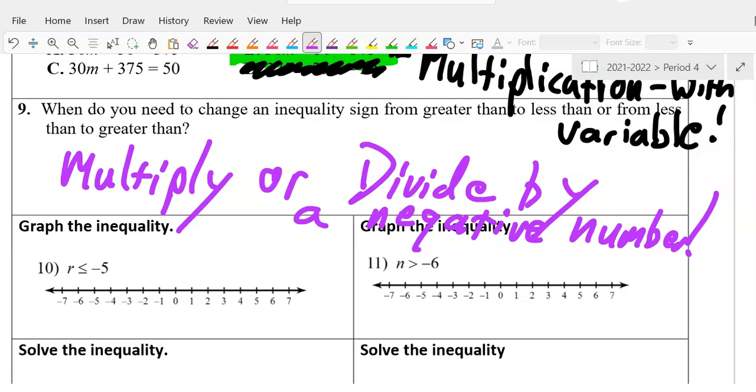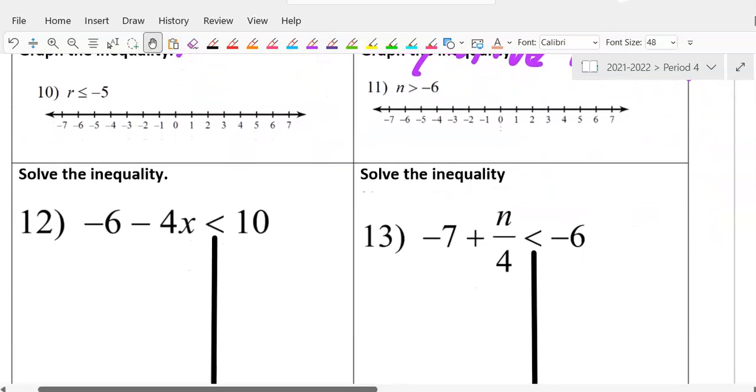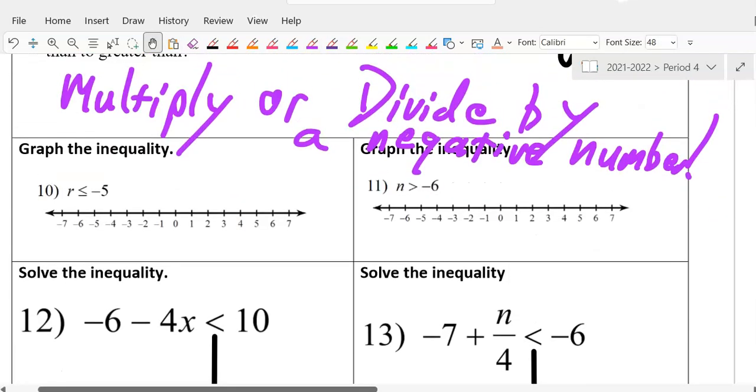Graphing the inequality. Okay. Who's doing number 10? Is that the Black Mamba? All right, how do we graph number 10?